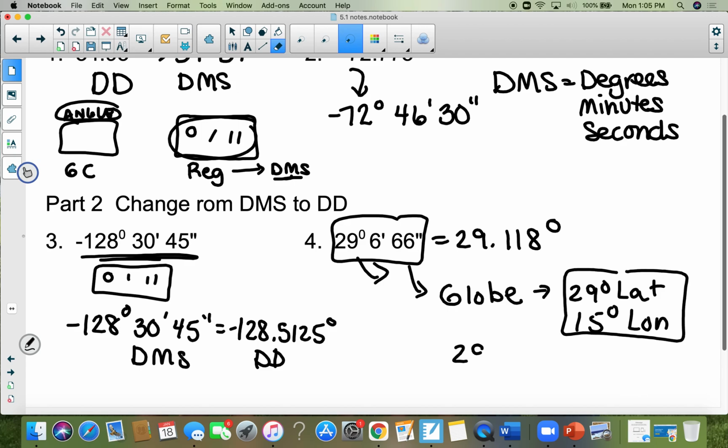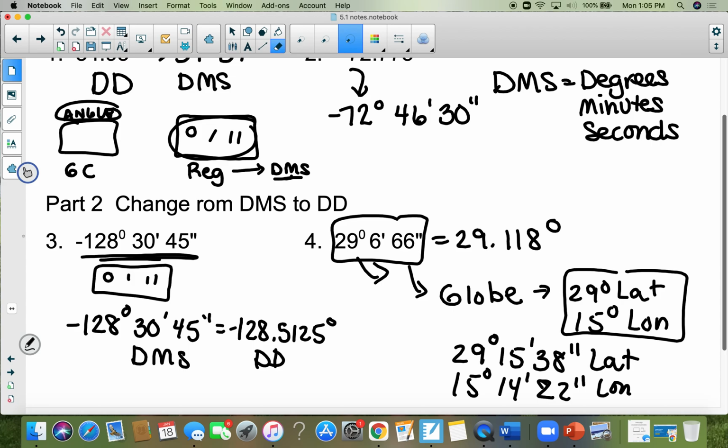If you did 29 degrees, 15 minutes and 38 seconds for the latitude, and 15 degrees, 14 minutes, and 22 seconds for longitude, you might be able to find the boat out on the water.